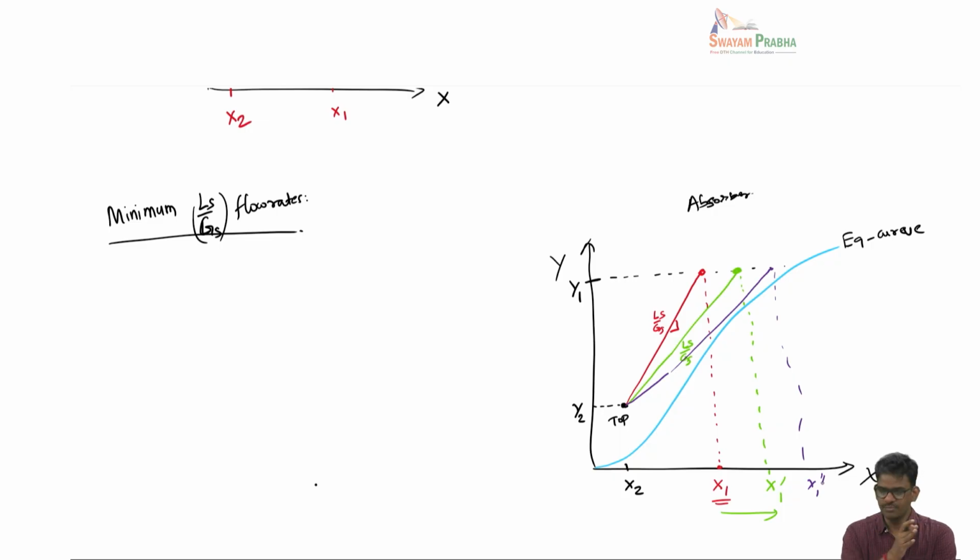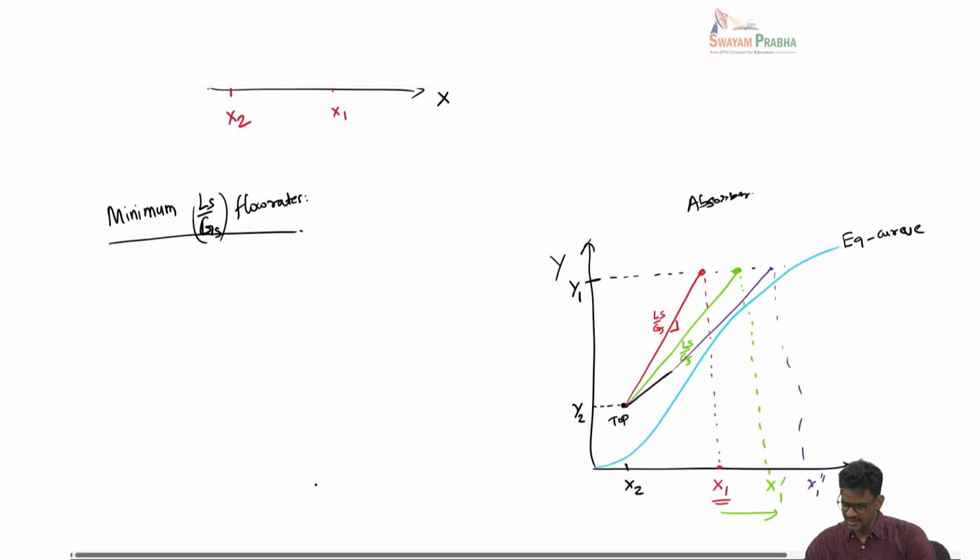I am decreasing this liquid flow rate and there is a limit to which I can decrease, beyond which I cannot. That limitation is based on where I am going to touch the equilibrium curve. If I keep on doing it, at some point I might touch this equilibrium line, and that I call my minimum gas liquid. It's supposed to be just touching above.